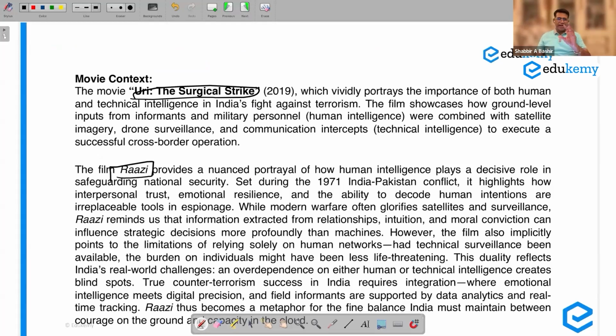See how I've taken up an example from a movie and shown how human and technical intelligence both are important if I want to solve the problem of terrorism. I hope you all are able to relate the concepts now. The idea is you want dimensions. You have to help your mind to think under different heads.